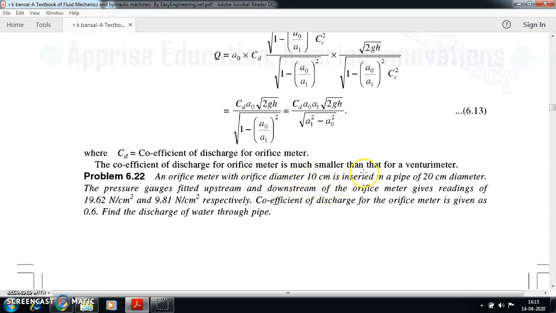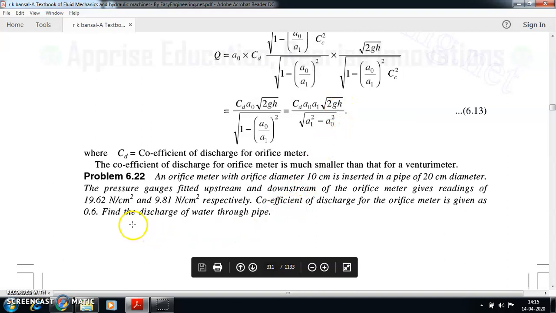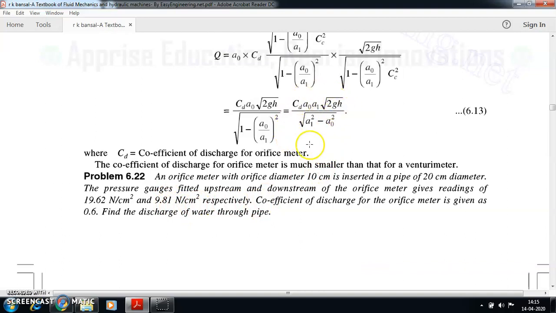I can also find A1 from the initial pipe diameter of 20 cm given to you. H can be found, right? P1 minus P2 divided by rho g. I know P1 and I know P2, so I can find the difference. So H can also be found. So I can directly find the Q value, right?